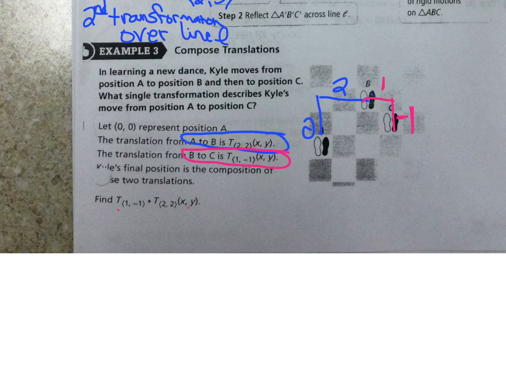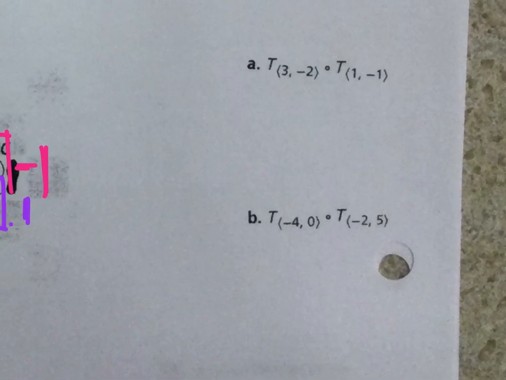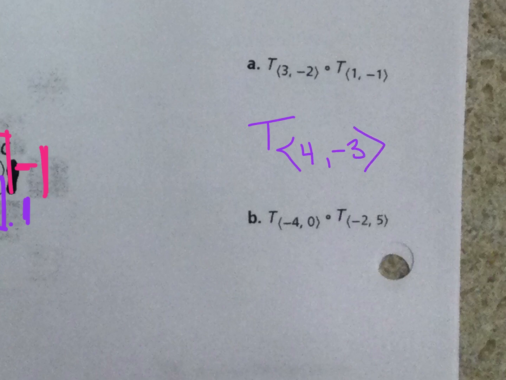So if we put these together, we can say 1 plus 2 is 3, and negative 1 plus 2 is 1. And if you look, if I started from the first position and went to the third position, that's 1, 2, 3, and up 1, right? Which matches this final one if I put them together, okay? So over here, if I was going to put these together, I'm just adding them, okay?